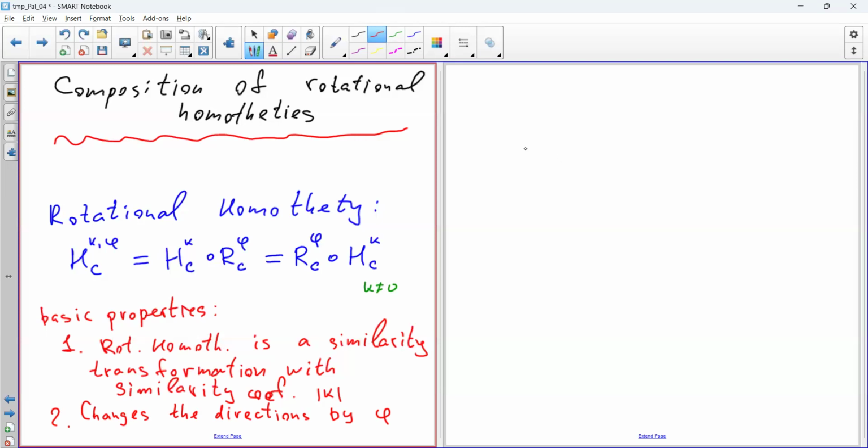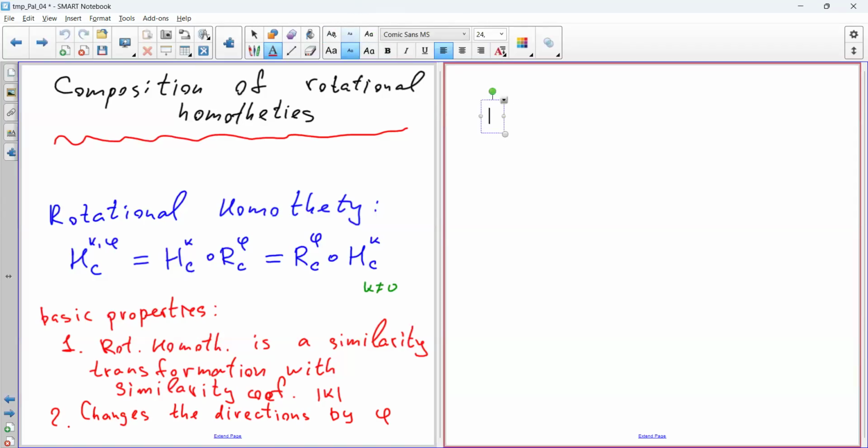So, the very last note, the very last theorem, which is probably the corner theorem, about the composition of three rotational homotheties.